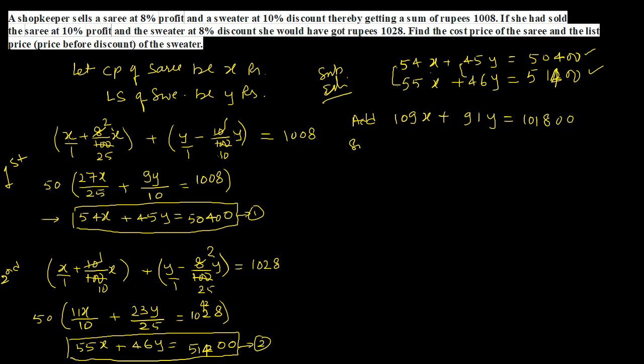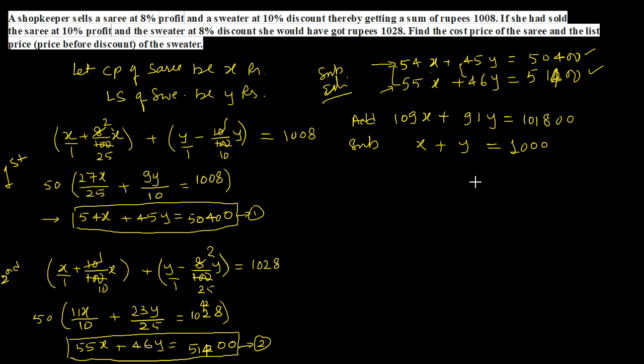If I subtract, I'll subtract this from this. 55 minus 54 is 1x, 46 minus 45 is y, equals 51,200 minus 50,400 is 800?